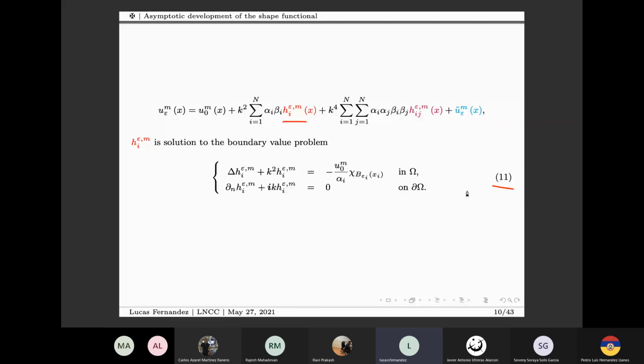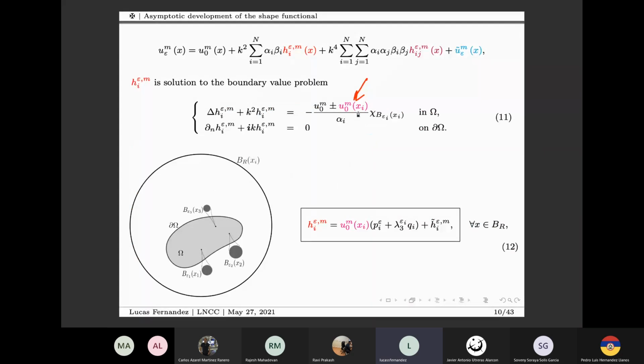In problem 11, I have this non-trivial source term written as a fraction, and I add and subtract U0 of x, y in the numerator of this fraction, and I decompose the function hi epsilon as a sum of three functions, pi epsilon, qi, and hi epsilon tilde, as given in 12.